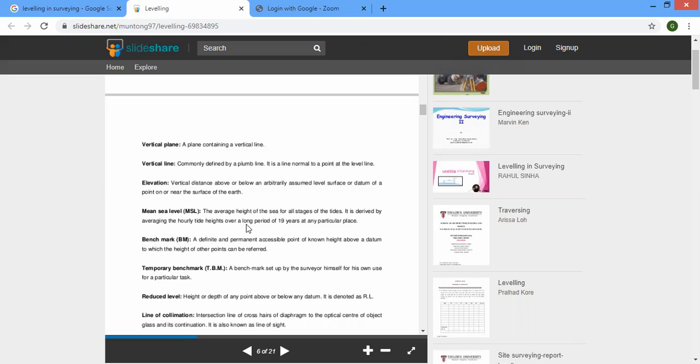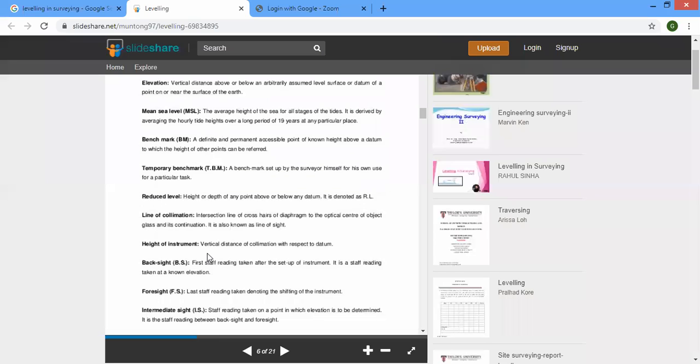Temporary benchmark: a benchmark set up by the surveyor himself for his own use for a particular task. As I have told you, near a construction site only, we will fix one point whose RL I will assume, and with respect to that level, I will be performing the survey. Next, reduced level, also indicated as RL: height or depth of any point above or below any datum.